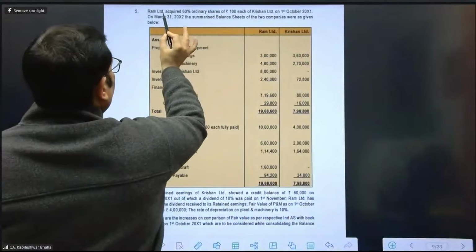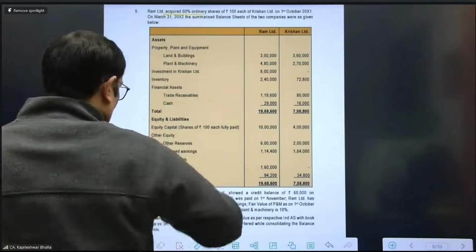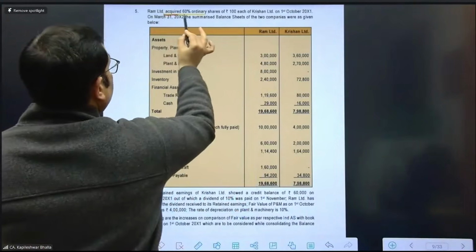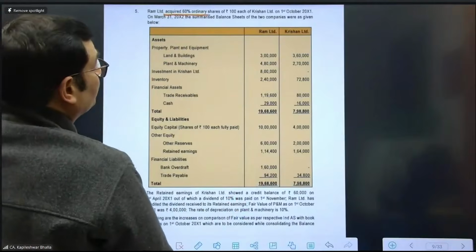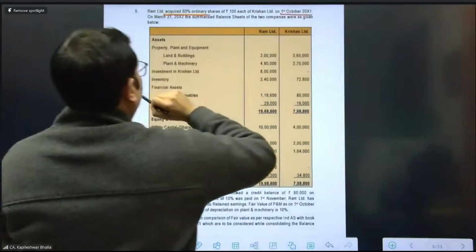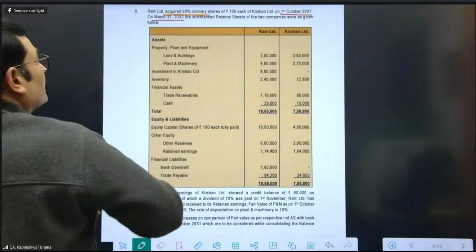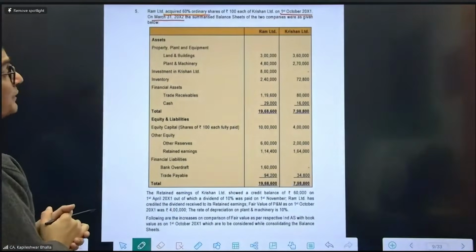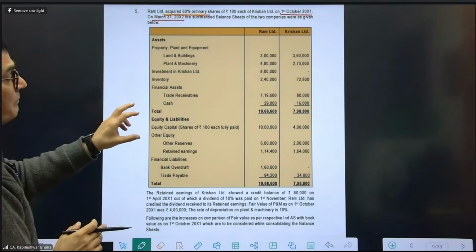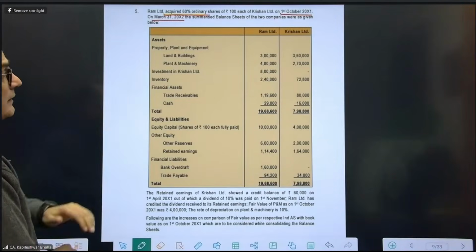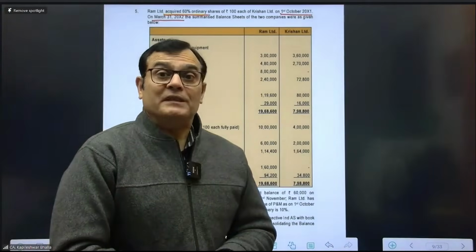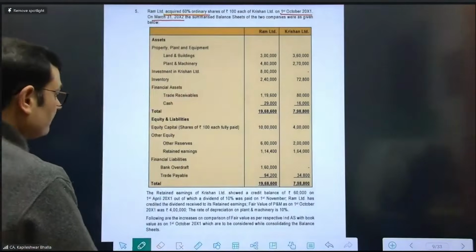It says Ram acquired 60% ordinary shares of Krishnan on 1st October X1 and the balance sheet is given on March X2. The immediate thought which should come to mind is that this is a balance sheet at a later date, so we need to consider step number 2A and step number 2B in this case.